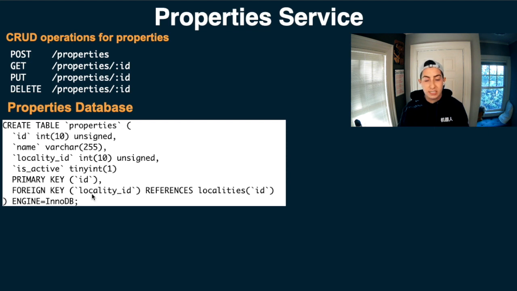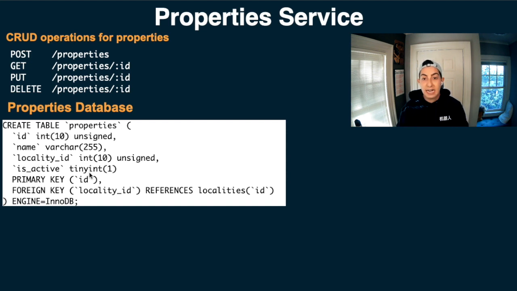It's basically just a field on one table that is referencing a field on another table, so that we can link this properties row to a locality, which is going to have much more information, like state, street, zip code, etc. So that's what that locality ID is.